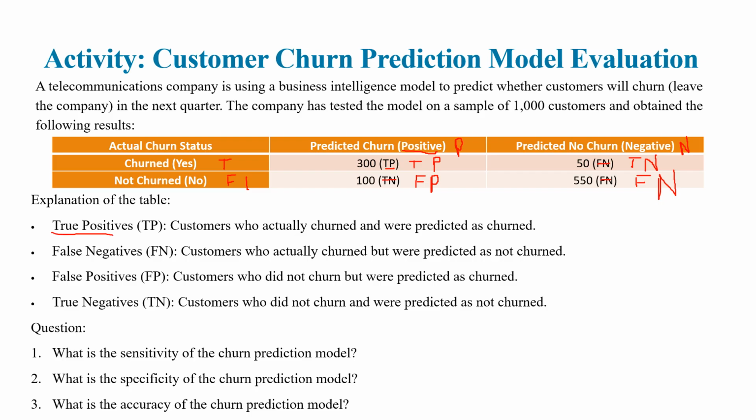Now you can easily understand the meaning and explain it. For example, what is the meaning of true positive? It was already explained in the last slide, hopefully you remember. Customers who actually churn and were predicted as churn. The false negative means the customers who actually churn but were predicted as not churn. You can easily understand by using this table. True means churned, and false means not churned.